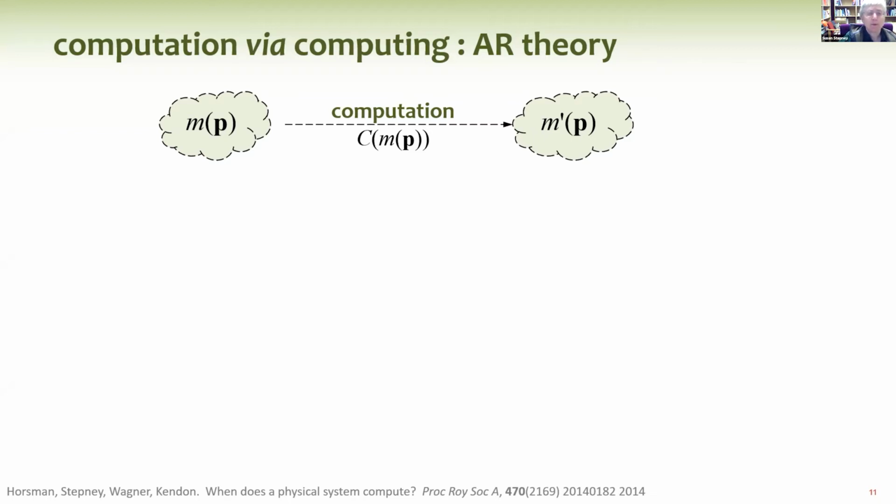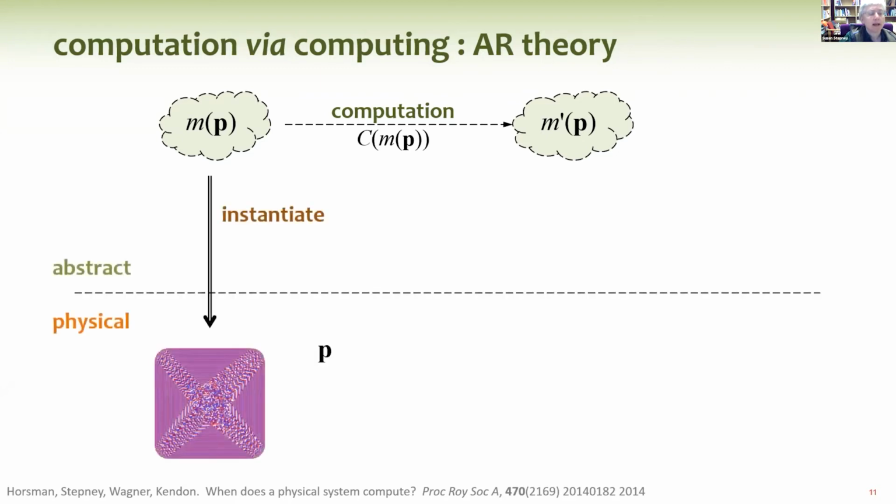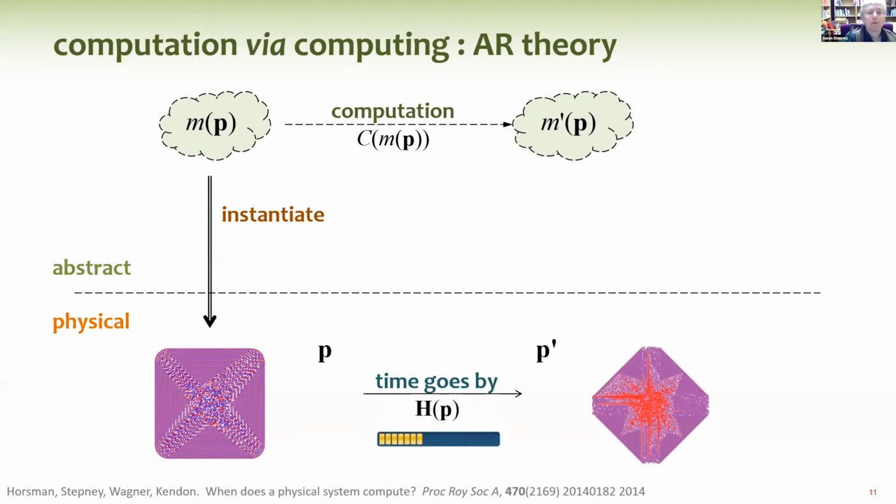So this is all in the abstract. What we have to do is instantiate the model in some physical device, be it a classical computer or some physical material for our reservoir computer. And then that physical system evolves over time to give an after state. And we then have to read out from that after state, or decode the output from that, into an answer.